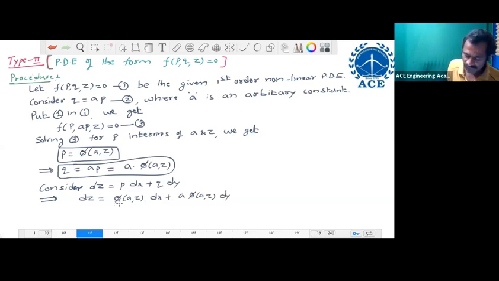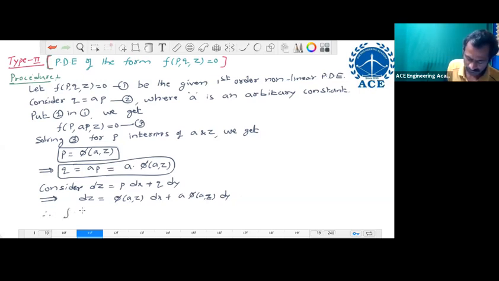Here phi is a function of constant a and z variable only. But here the integral is with respect to x, here integral is with respect to y. Should not have function of z only. We bring the function of z to the left side.